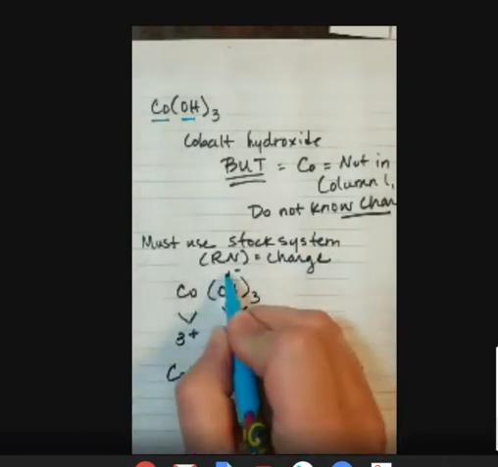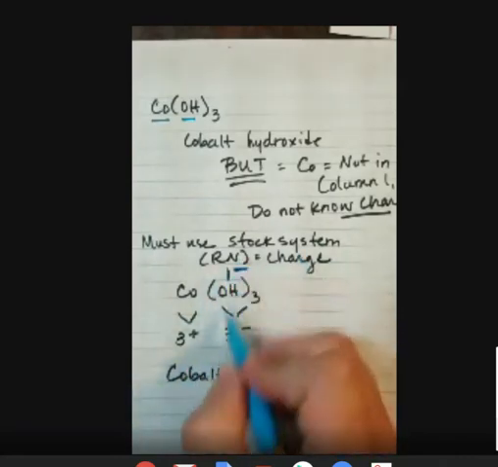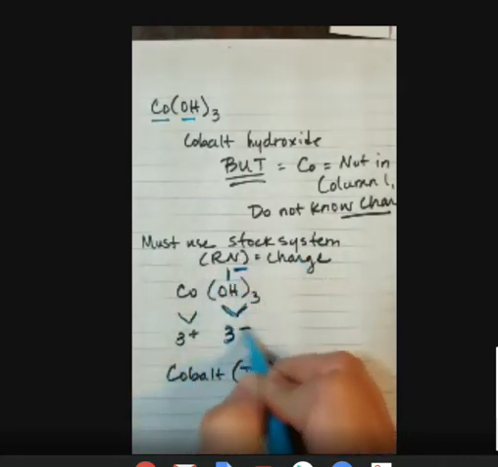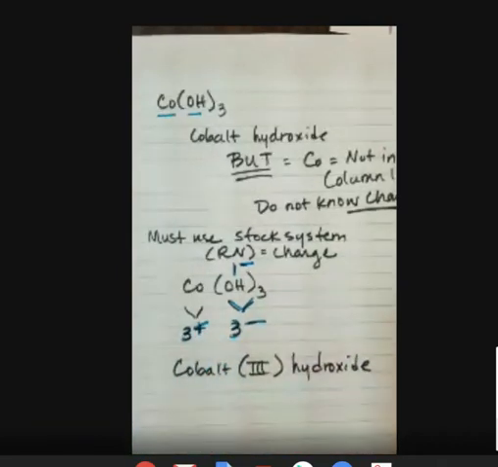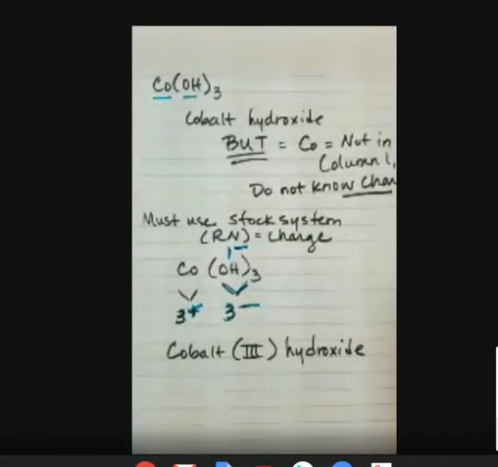Hydroxide is a 1 minus charge, and I have 3 of them, so that makes it a 3 minus. That means the cobalt has to be a 3 plus. Therefore the name would be cobalt(III) hydroxide, because that is the charge of the cobalt. You would be incorrect if you just called it cobalt hydroxide. So hopefully this helps navigate this lesson, and let me know if you need any more assistance.